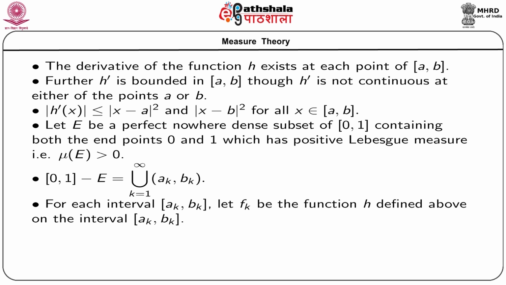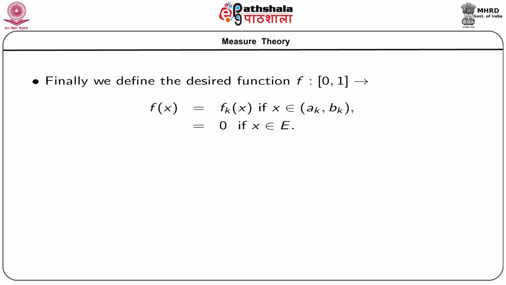Finally, we define our desired function f from the closed interval [0, 1] to R in this way: f(x) equal to f_k(x) if x belongs to the open interval (a_k, b_k), and at all points in the complement, that is at all points belonging to the set E, f(x) takes the value 0.